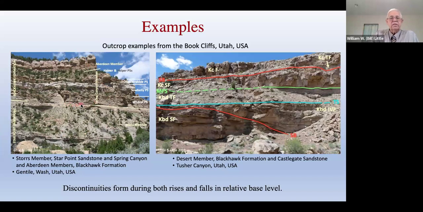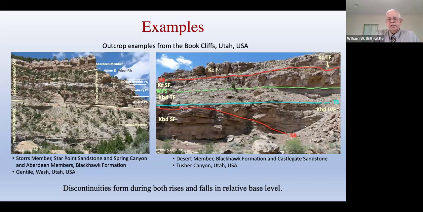In this case, I included the one on the left because it shows that we have missing intervals of rock even when base level is rising. This is part of a highstand systems tract, transgressive to highstand, so base level is rising through this entire interval, but we still have periods of time that are not represented by strata.